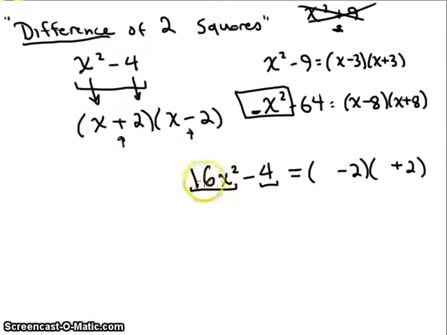What's going to happen with this is pretty much the same thing we had before. Let's take a look at our x. x squared gives us x. And if we square root this whole term right here, the x squared gives us x and the 16 gives us 4. So 4x is really the square root of 16x squared.